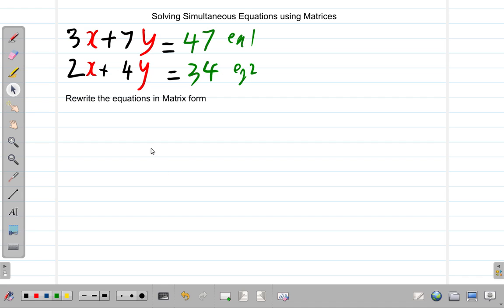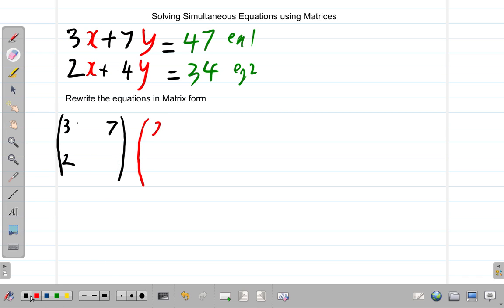Now, in matrix form, we have the numbers here: 3, 7, 2, 4, multiplied by x, y. Why did I write y there? It's not y.